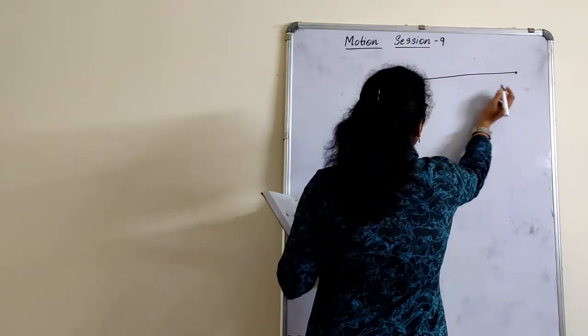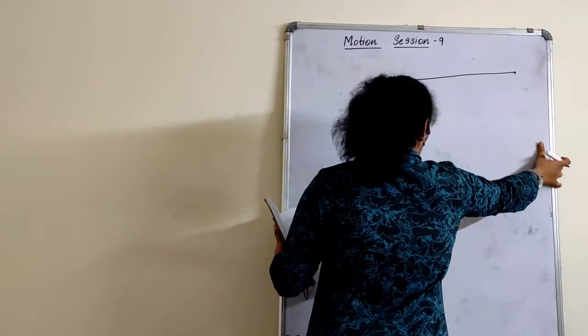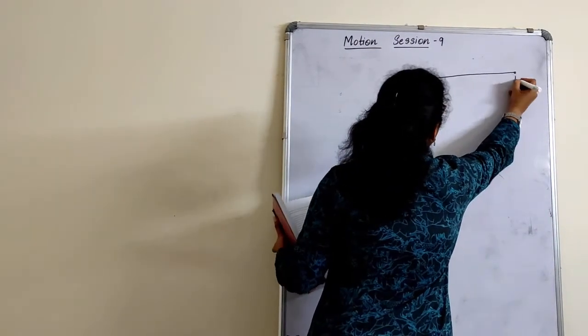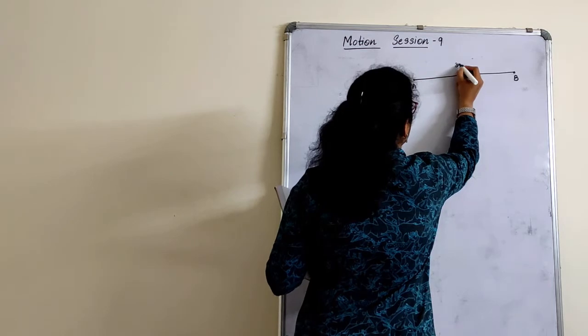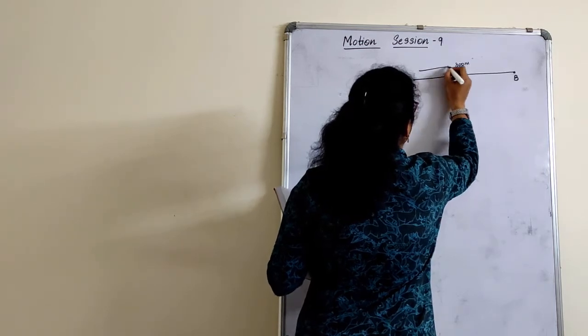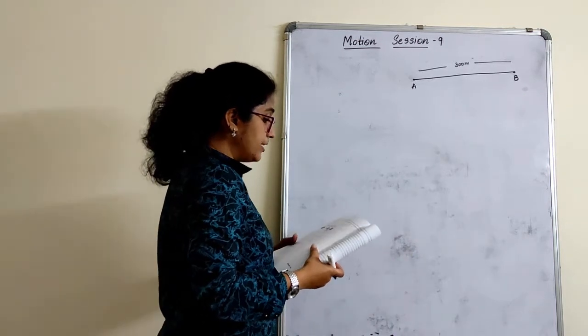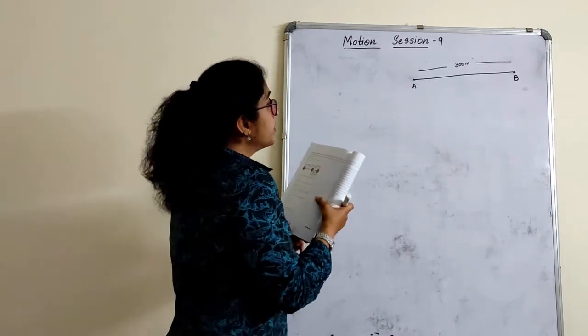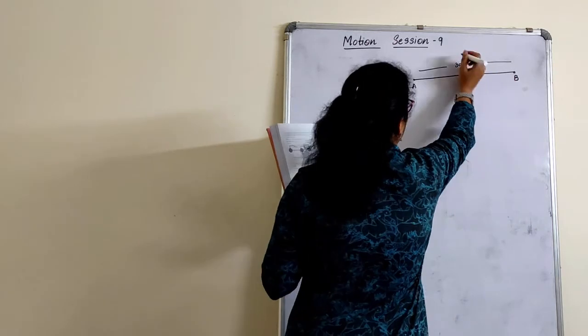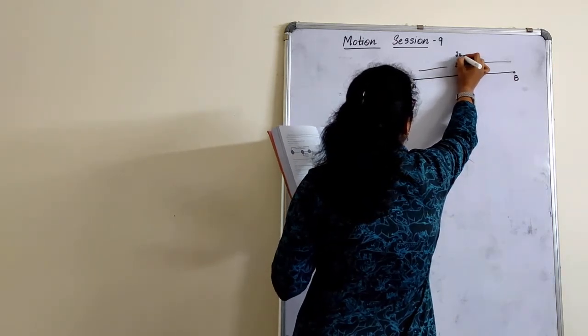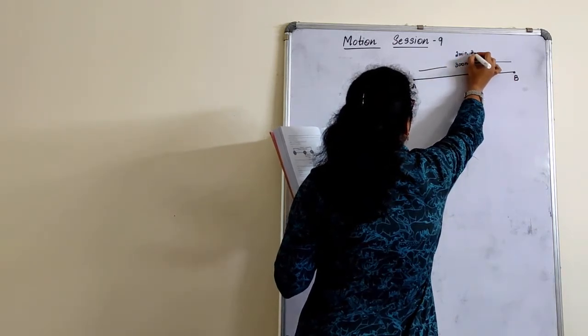So this is A and this is B, which is 300 meter. In 2 minutes 30 seconds. So to run from here to here, he will take 2 minutes 30 seconds.